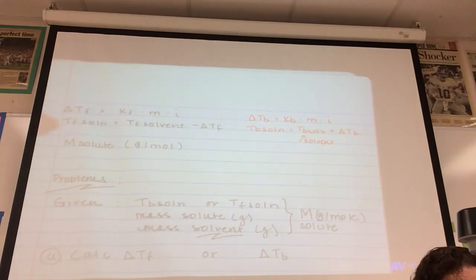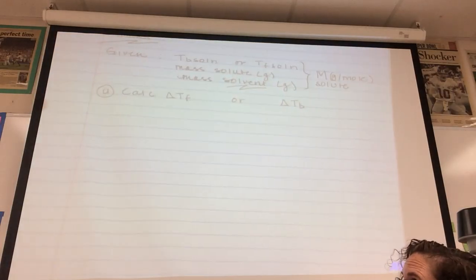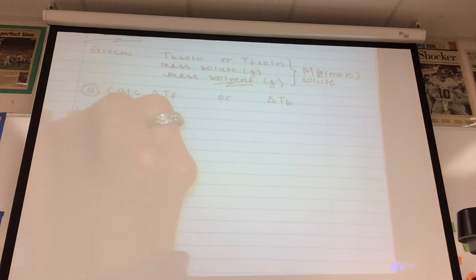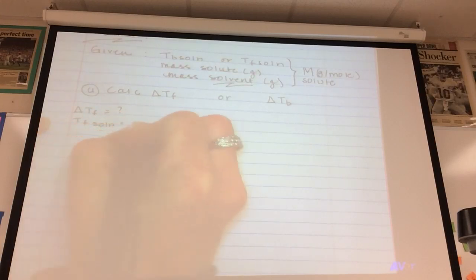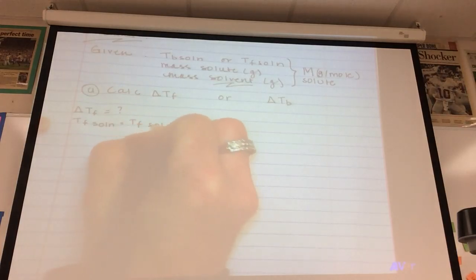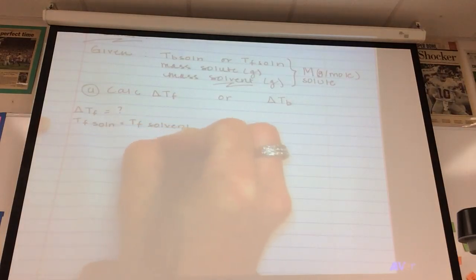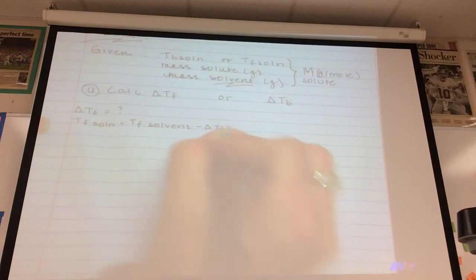So you're actually going to work the second formula backward to get the change in temperature, because you'll be given the boiling or freezing point of the solution, and this you can look up provided that you know the solvent. So if I wanted to calculate the delta TF, I know that the freezing point of the solution is equal to the freezing point of the solvent minus delta TF.